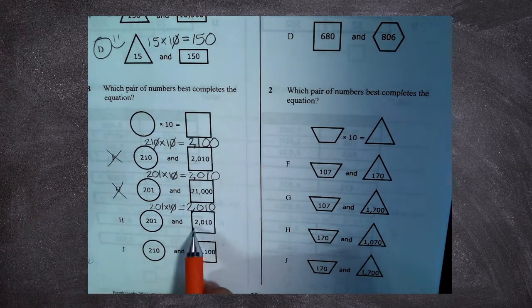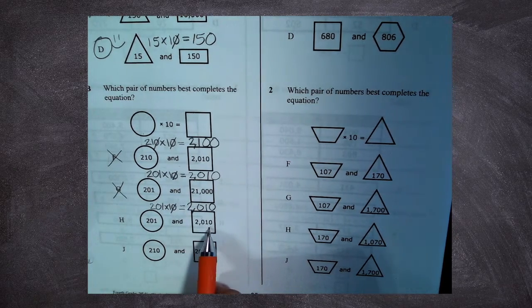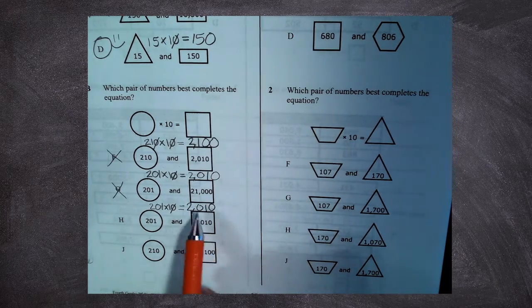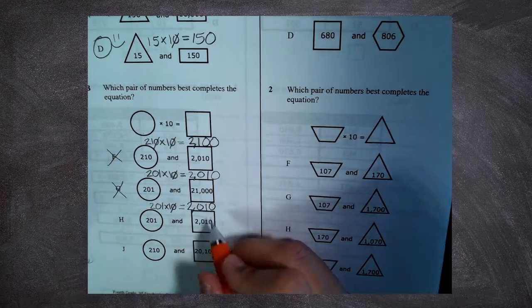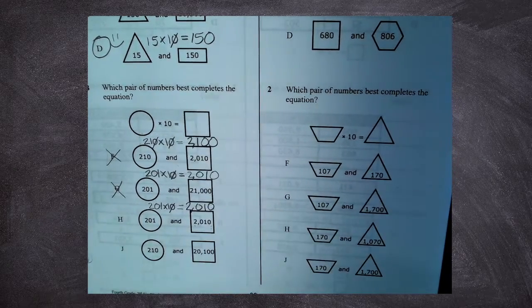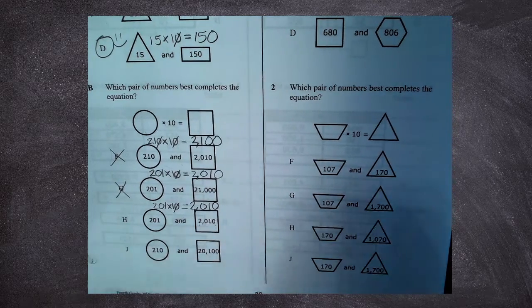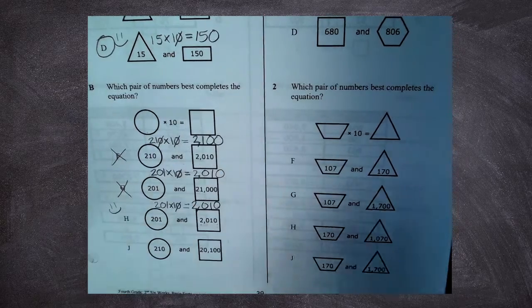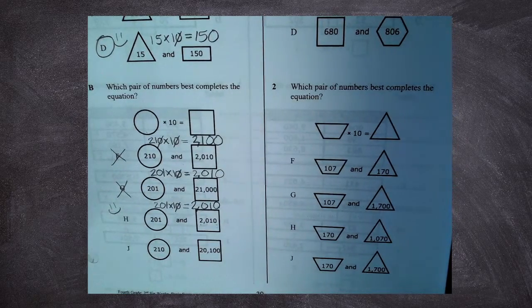So this number and this number aren't the same? Yeah. This time they are. 2010, 2010. So this one's okay. The number matches. The good thing is they used the same number. That way we didn't have to do any extra math.